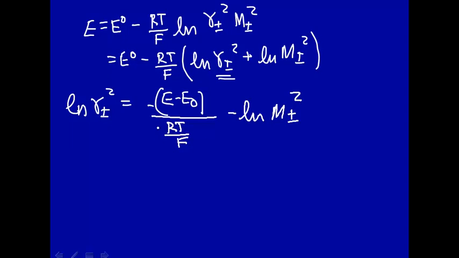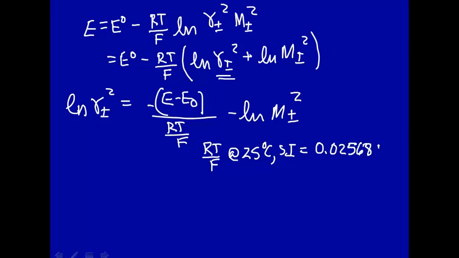Now remember, we did a calculation: RT over F at 25 degrees C in SI units is equal to 0.02568 volts. So, what is E for the cell and E0 for the cell?